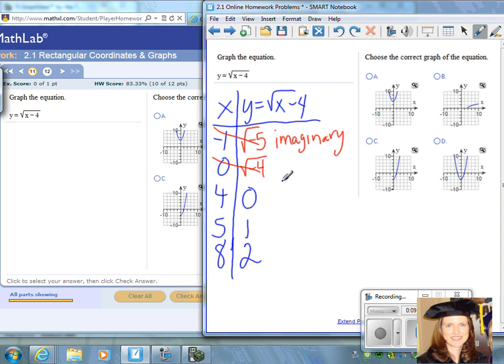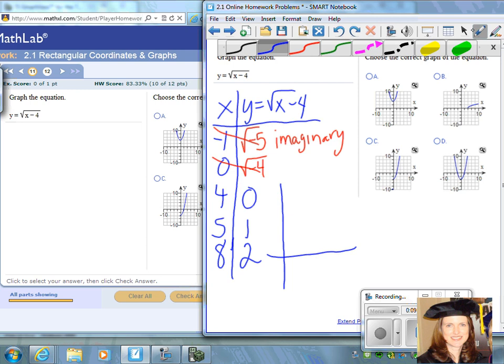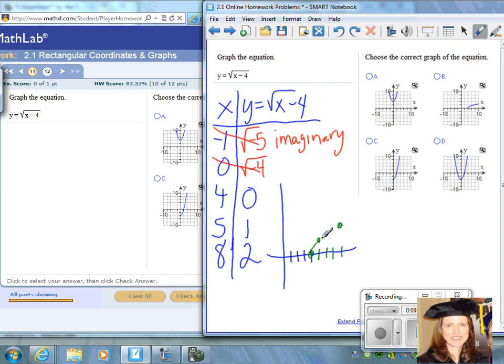So that gives me 3 points that I can make a quick sketch of. 1, 2, 3, 4, 0; over 5 up 1; 6, 7, 8 up 2. And this graph is going to go like this. So out of all the choices, the one that looks most like our sketch is choice B.